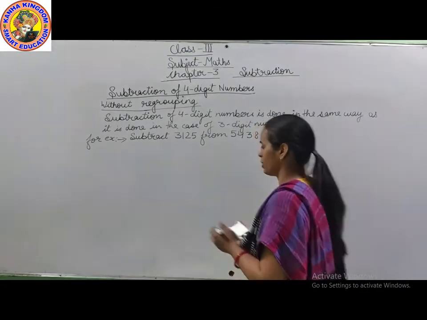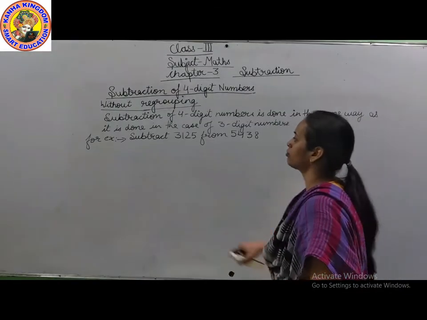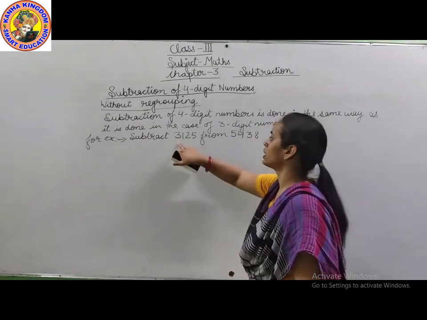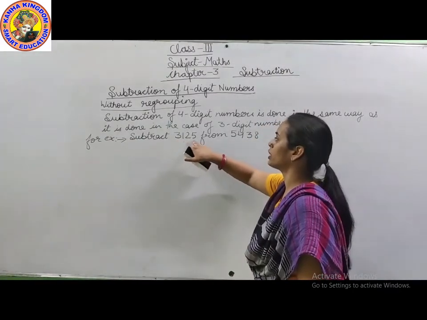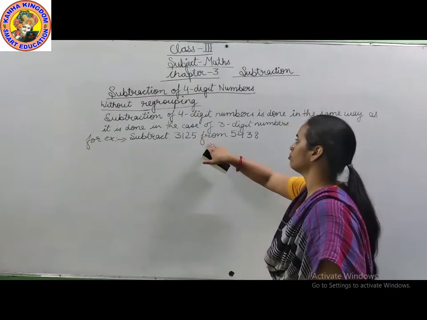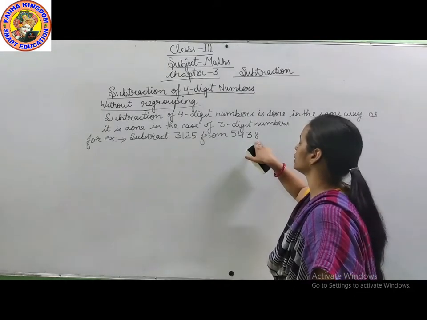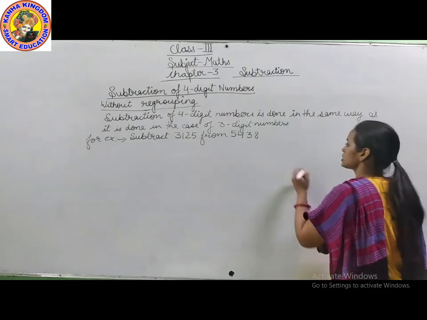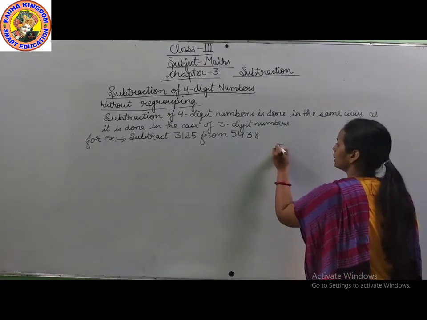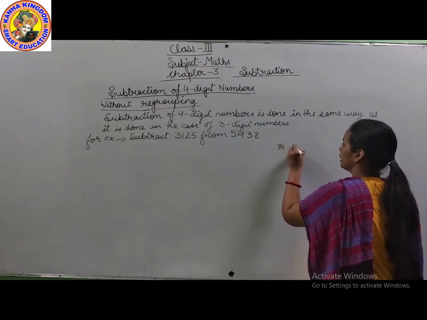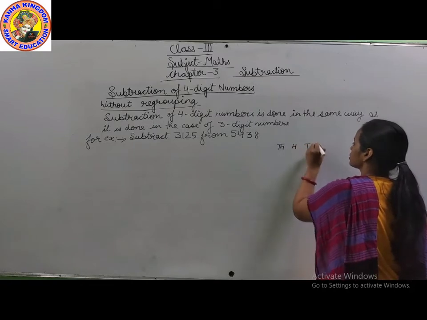Okay? First, for example, subtract 3125 from 5438. First we arrange the numbers vertically: thousands, hundreds, tens, ones.